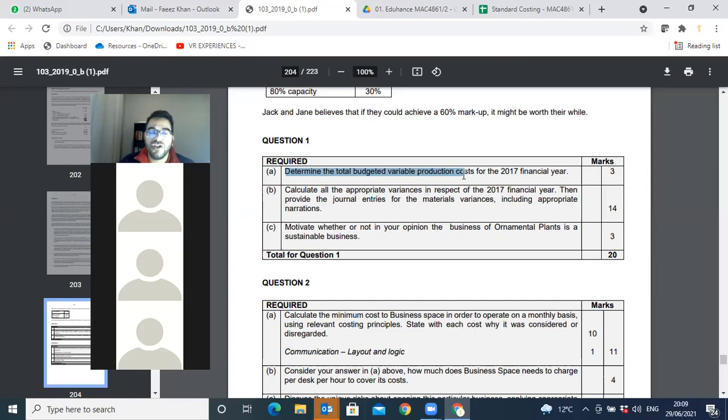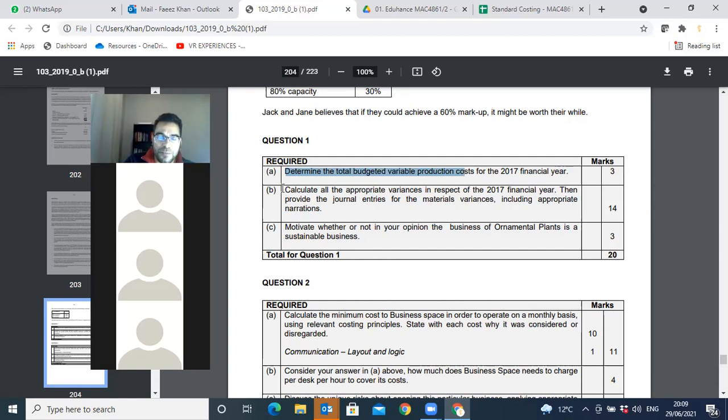Variable production costs, or variable manufacturing costs, are your three variable costs: direct material, direct labor, and variable manufacturing overheads. Prime costs are direct material plus direct labor. Conversion costs are direct labor plus manufacturing overheads. Okay, so just be aware of that.